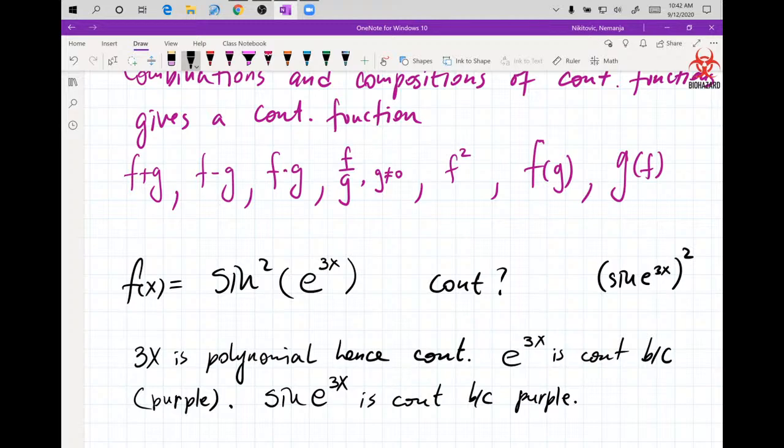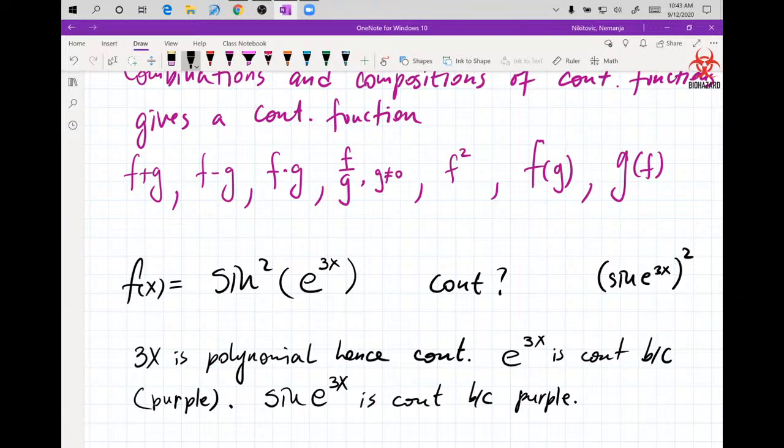Purple statement, purple theorem, not the word purple. Do not write purple on a test, all right? Or in a Calc 2 exam, do not write purple, because whoever you take Calc 2 with will not know what purple was. So the purple statement is that a composition of two continuous functions gives a continuous function.